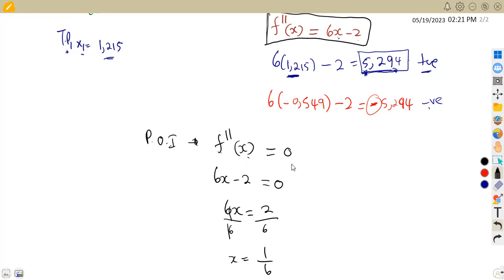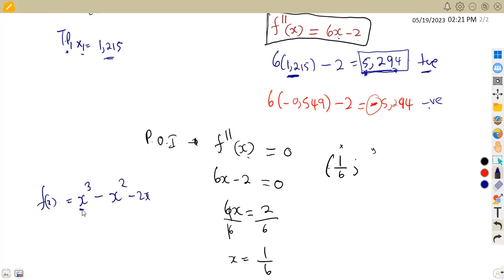With the value of 1/6 that we got, to have the point now, we substitute this x, which is 1/6, to get the value of y. So we've got x, we need the value of y. Where do we substitute this x? Into the original equation that we were given, our original f of x. Remember, f of x was given as x cubed minus x squared minus 2x.